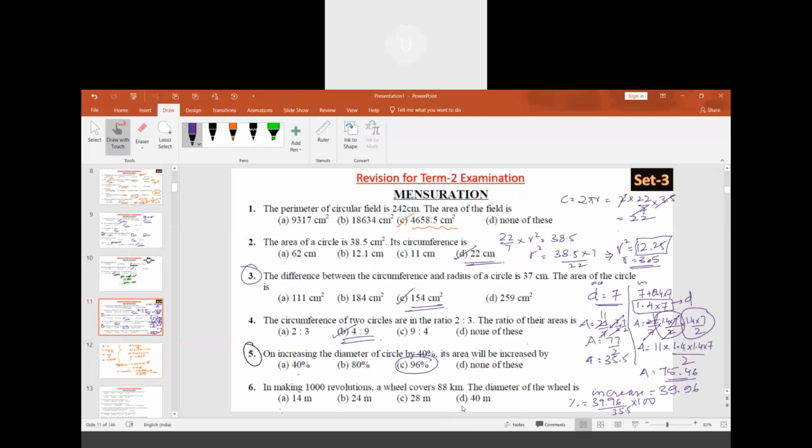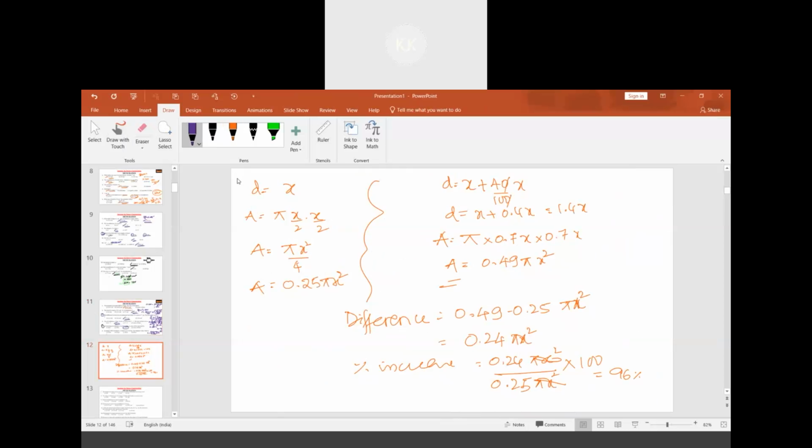This is the method I followed. Me and Uday followed: diameter is taken as x. So the area will become 0.25 pi x square. Now the diameter is increased by 40%. Diameter will be 1.4x, so the new area is 0.49 pi x square.